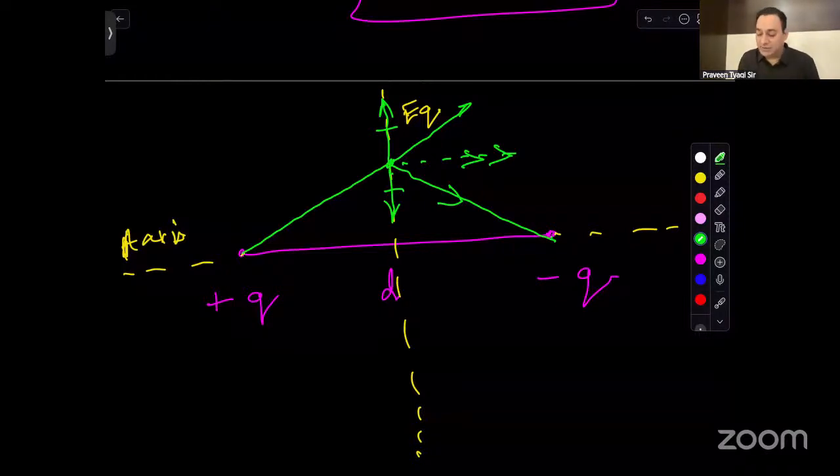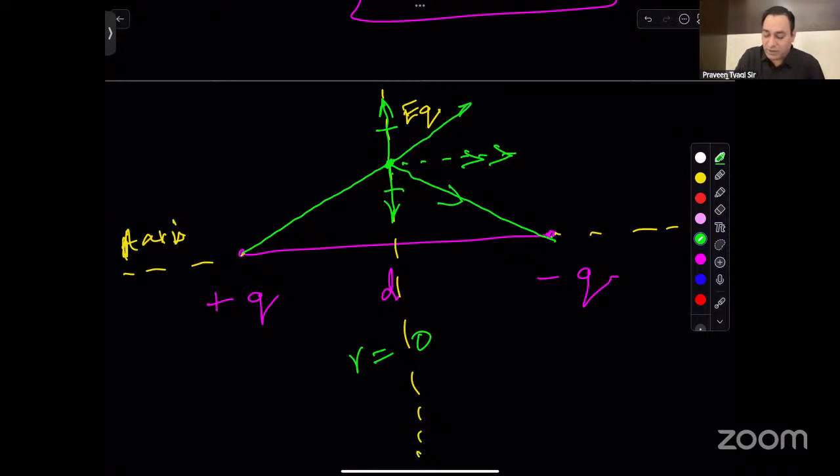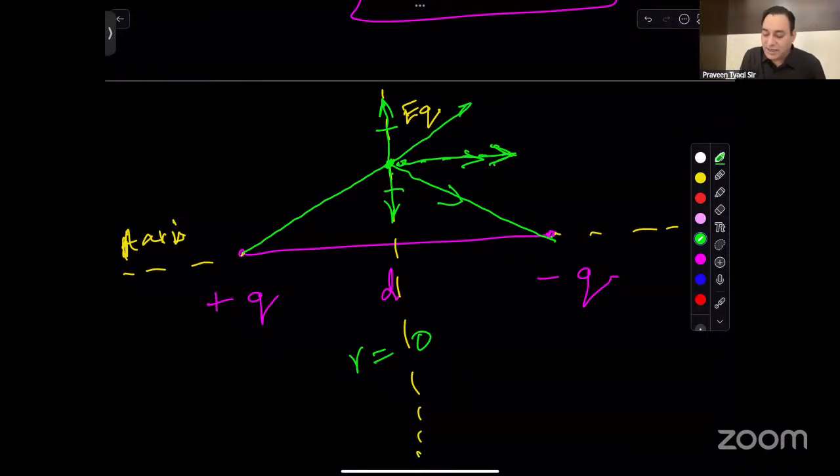And for equator, we can find out the net electric field also. Potential on every point here will be 0. Why will potential be 0? Because KQ by R, that will be like 0 here. For equator, every point, and electric field will come out to be in this direction, net. And we have those results also with us.